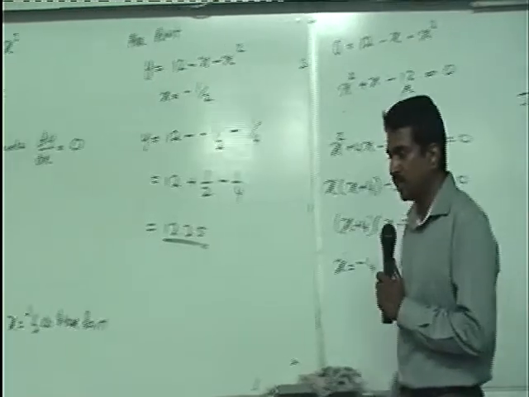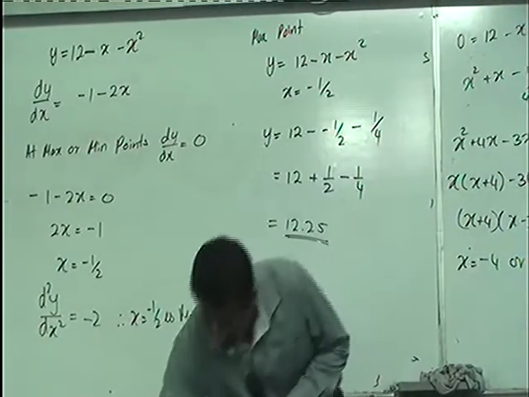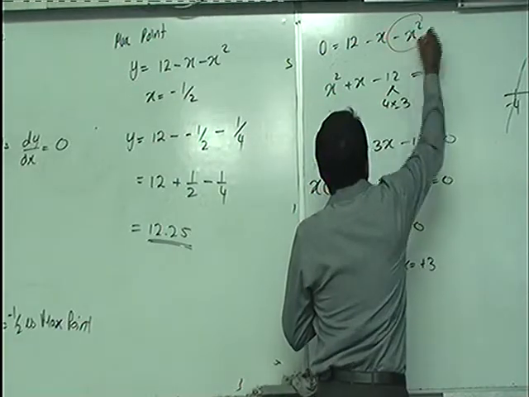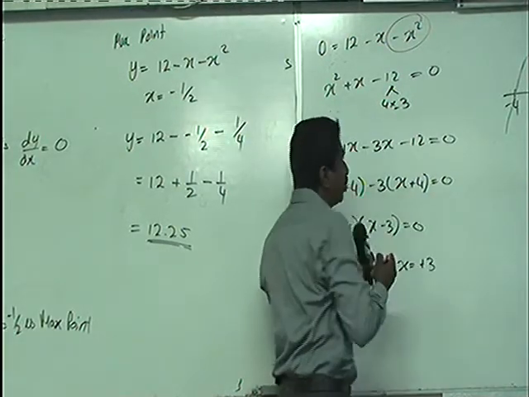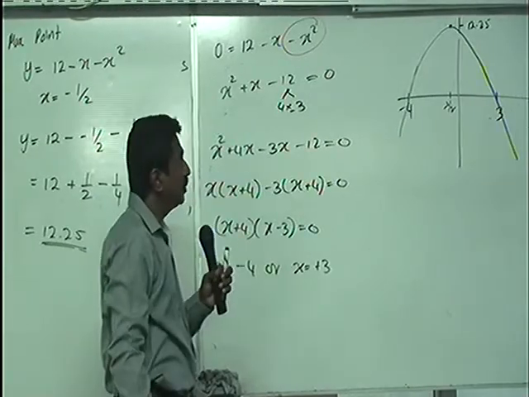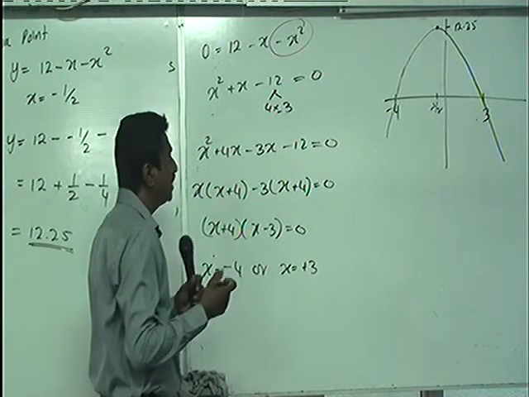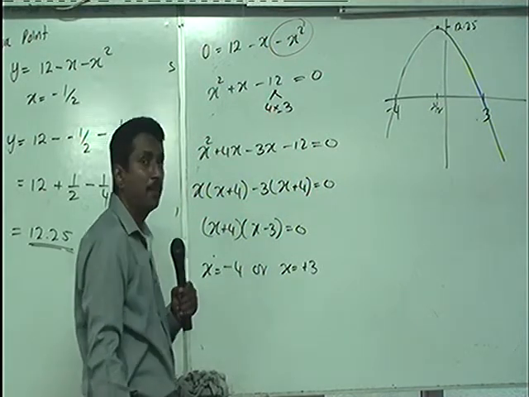Now you can observe a significant thing here. The x squared term is negative. X squared term is negative, then you are getting a maximum point. So by looking at the curve, you can say whether the curve is a maximum or minimum.